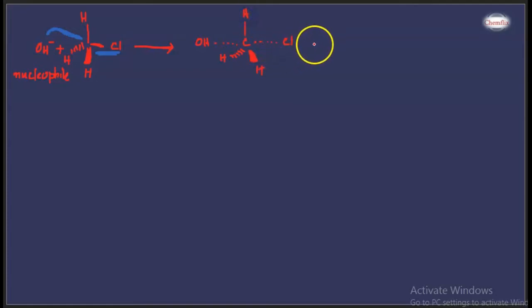And after that, there you can see an inversion. OH comes in the plane of the paper, and this one is the hydrogen and this one is the carbon, and here you can see the wedge hydrogen and the dashed hydrogen. So this one is actually methanol, CH3OH.